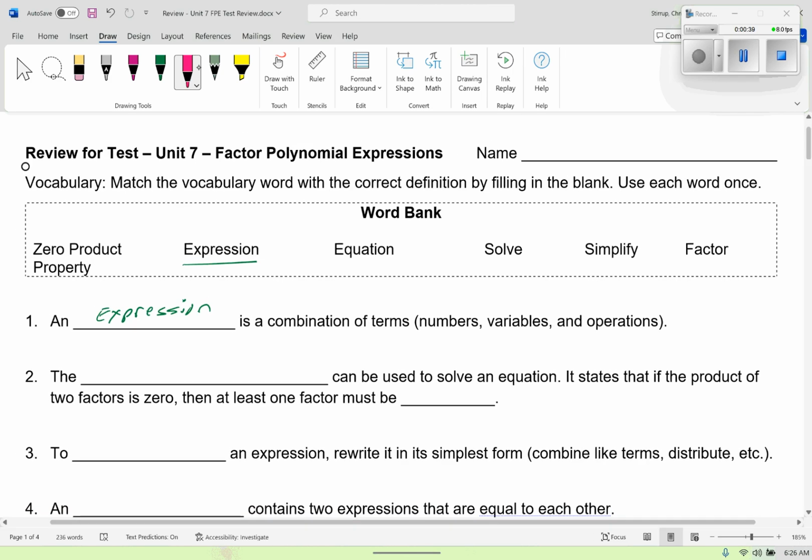The blank can be used to solve an equation if it states that the product of two factors is zero, and at least one factor must be. Okay, the blank, so the zero product property.